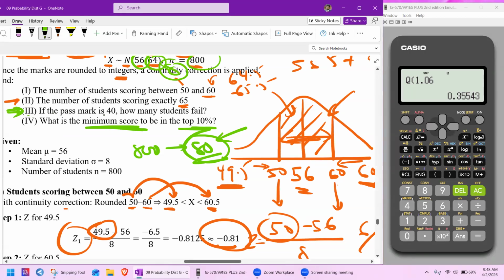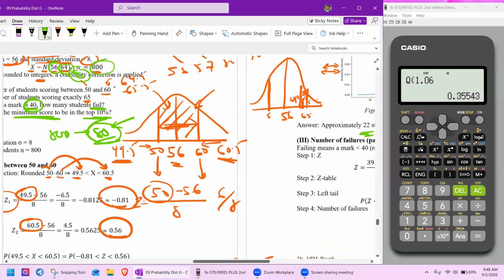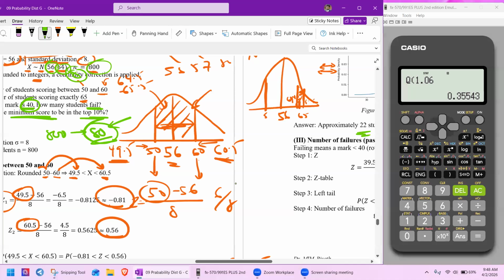If the pass mark is 40, how many students will fail? In this exam, if they decide that the pass mark is 40, how many students will fail? Now we will find the probability below 40, like this.